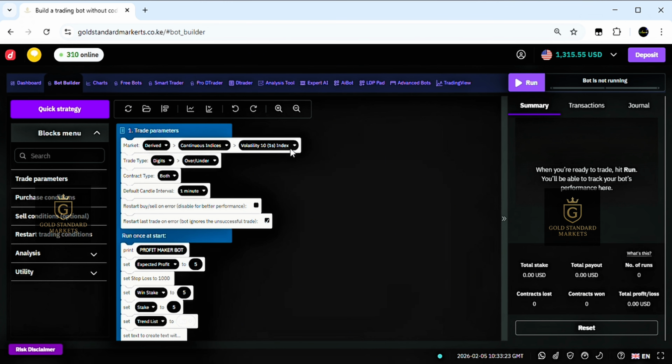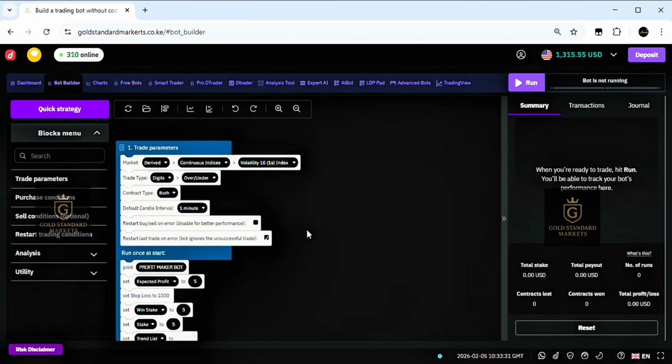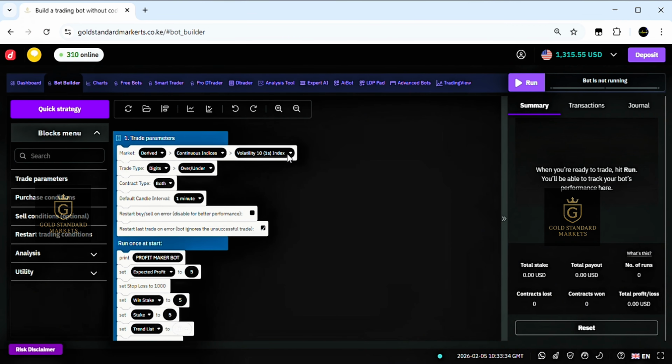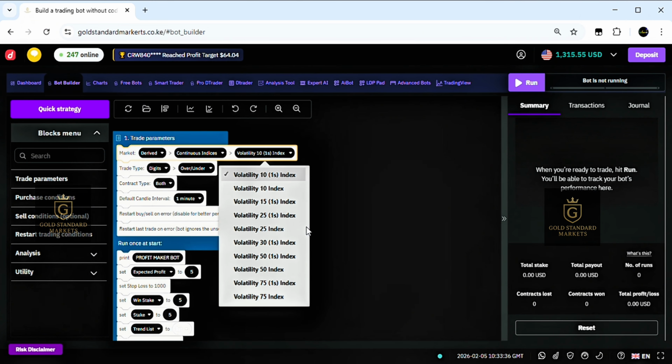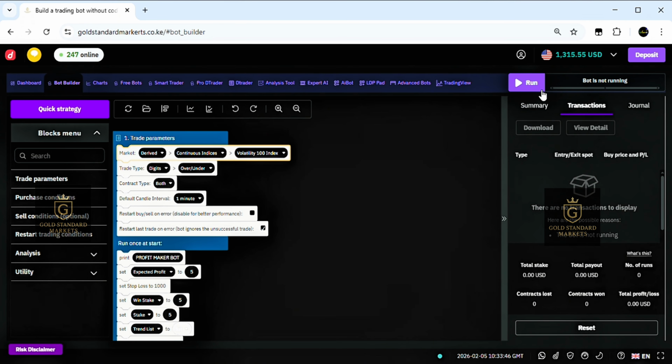Then I have to pick the markets that I'll be trading in. If you are in my channel, you'd know that I love trading Volatility 100 the most. So I'll be picking Volatility 100 here. If I scroll down, there it is. So I click on it, then I switch to the transactions, and then I run the bot.